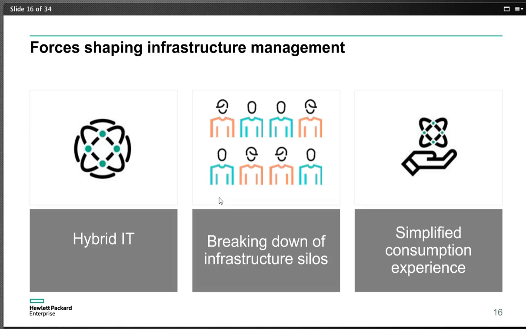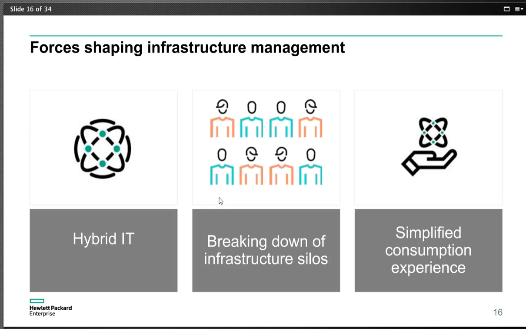Others are going to be consumed out of the public environment. But beyond that, we also see the hybrid nature of IT to be reflected in the heterogeneity of it, the diversity of technology stacks that ITs have to deal with, as well as the bare metal and virtualized nature of that infrastructure.